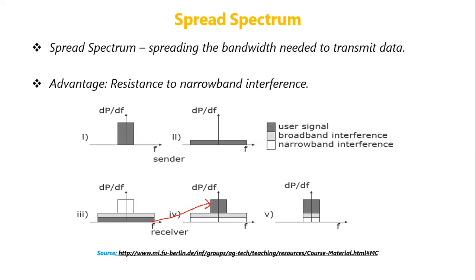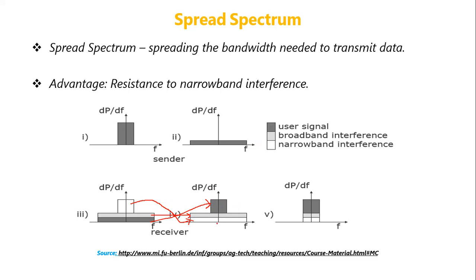But the received signal also has broadband interference. The receiver will not do anything to that; it will keep it as it is. Similarly, the received signal also has narrowband interference. That narrowband interference, the receiver will convert to broadband interference. So this is what the receiver will do initially at its end.